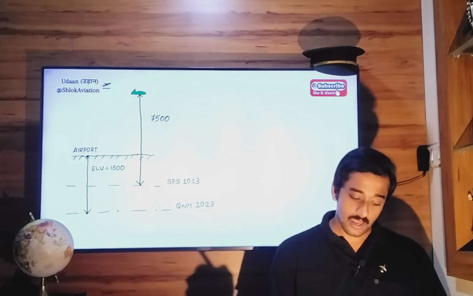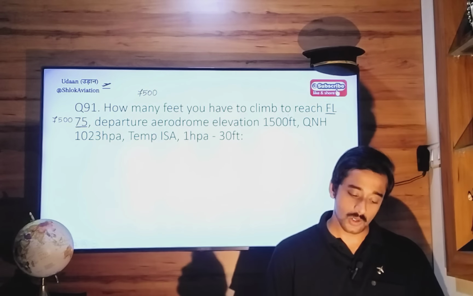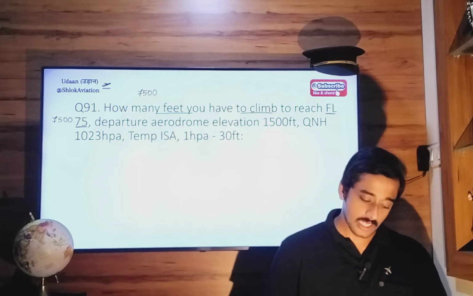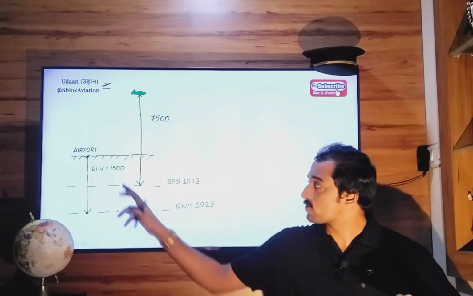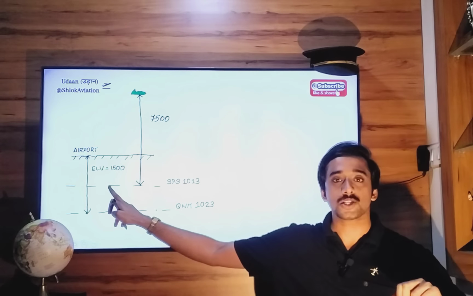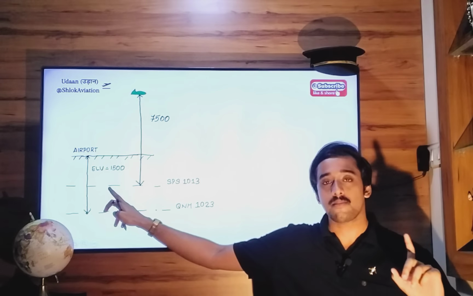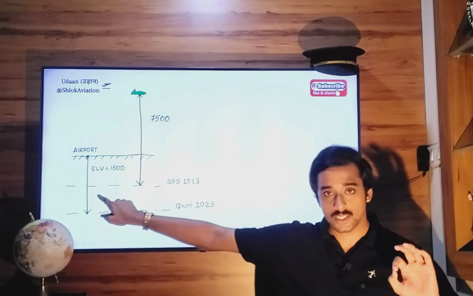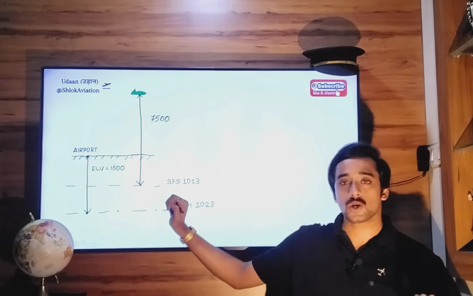So now we have to calculate the difference between these two vertical distances. How many feet you have to climb to reach flight level 75? So let's calculate the vertical distance of this airport from standard pressure setting. Once we calculate that, we will compare the vertical distance of airport with respect to 1013 and vertical distance of this aircraft with respect to 1013.